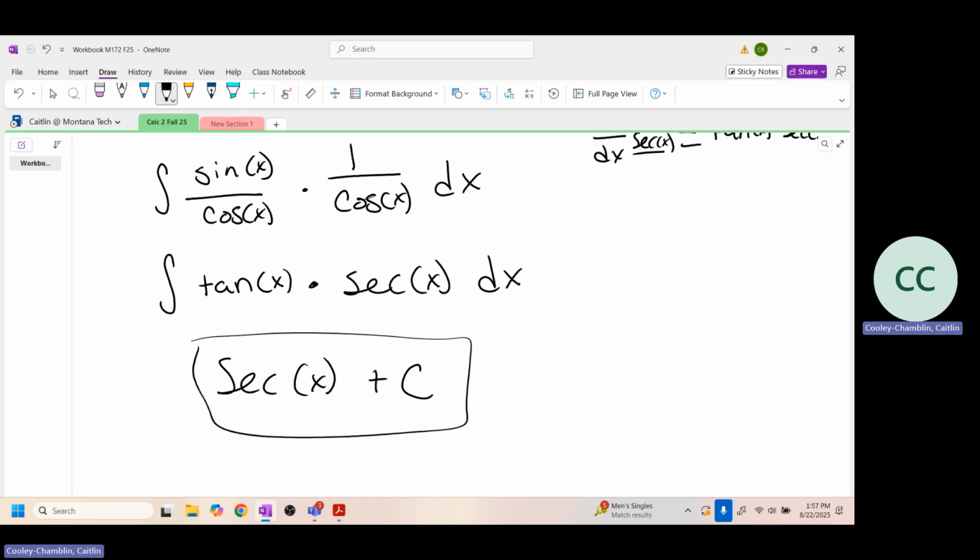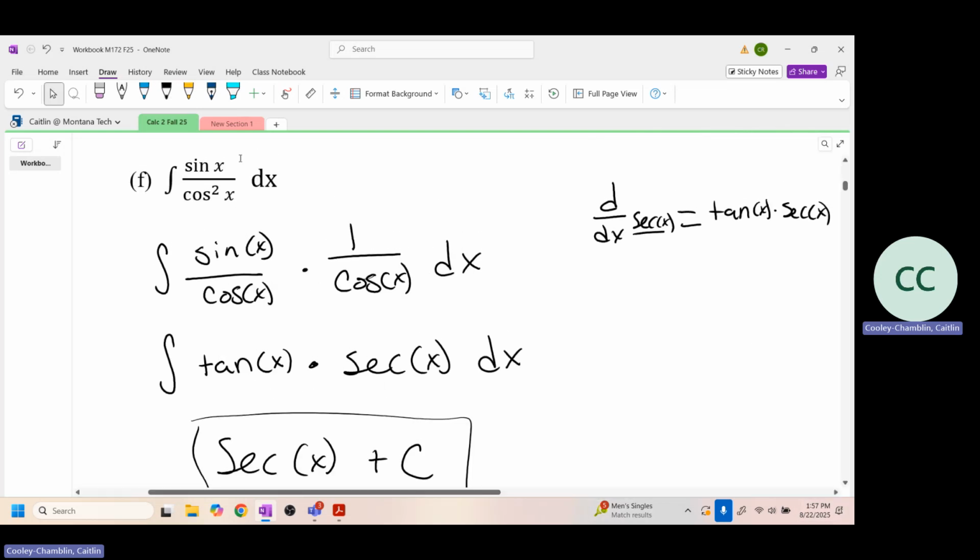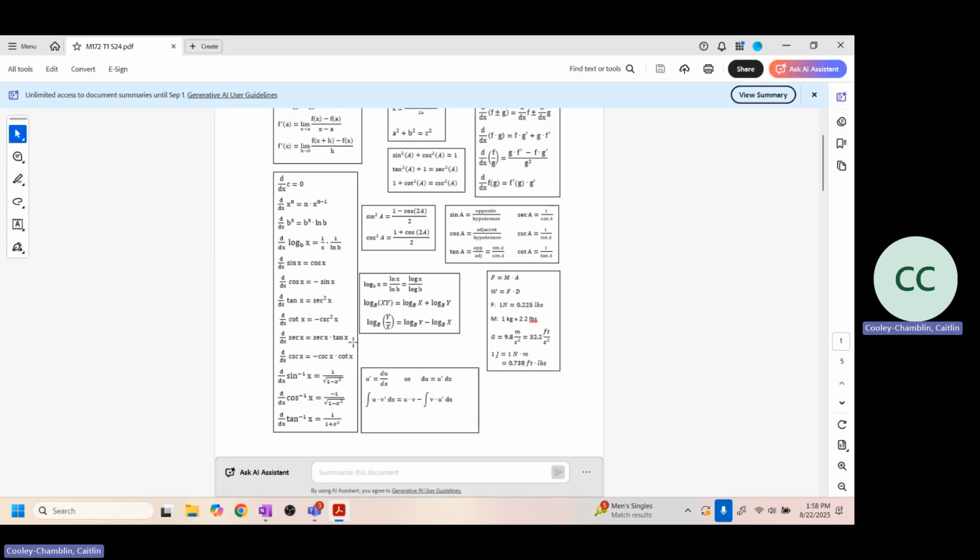I've been doing this for a lot longer than I'd like to admit, but it takes some playing around with. What I typically look at is, when I moved that first up and I saw I had a sine and a secant squared, the only one with a secant squared is just secant squared. It does not have anything attached to it, so it can't be this tangent.